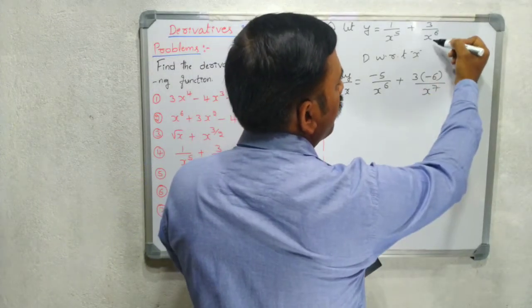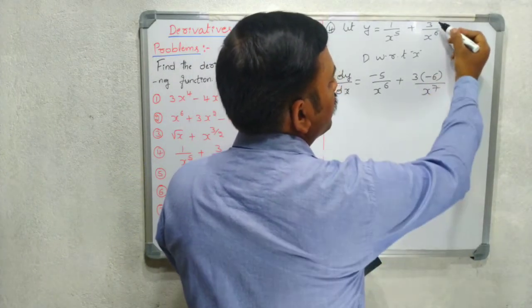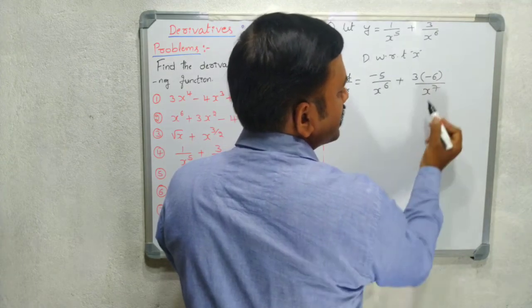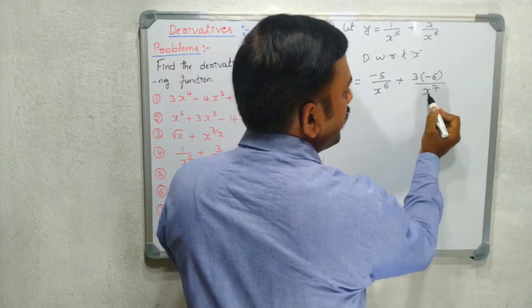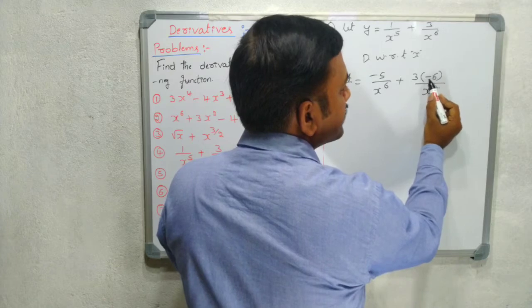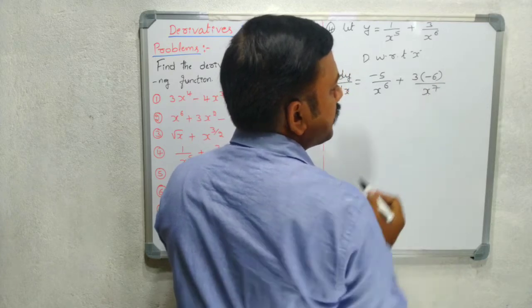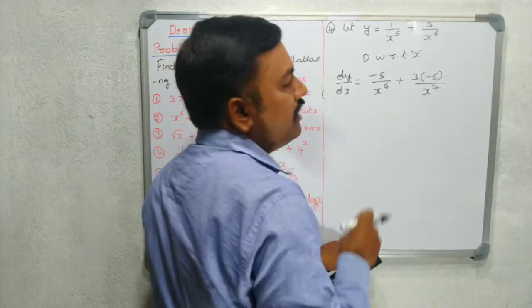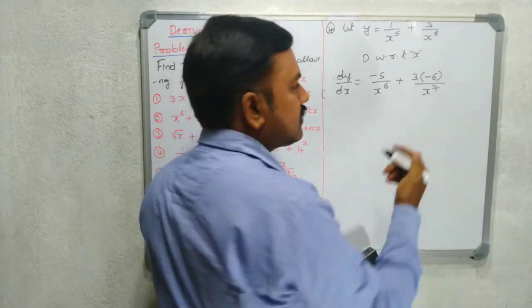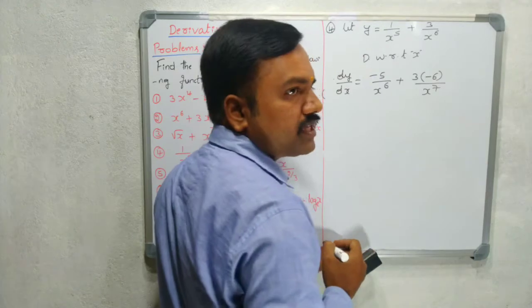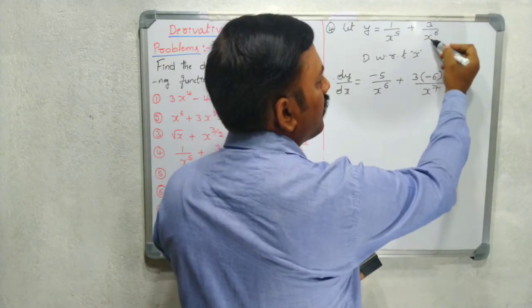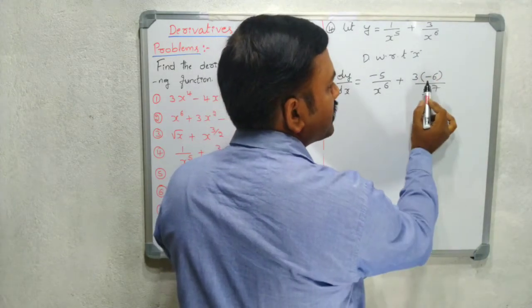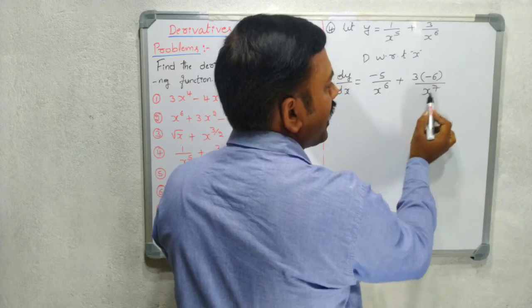I differentiate 1 divided by x power 6. The differentiation of 1 divided by x power 6 is minus 6 divided by x power 7. Minus n divided by x power n plus 1, it is in the form of like that. So I write 1 divided by x power n as minus n divided by x power n plus 1. That's why 1 divided by x power 6 differentiation is minus 6 divided by x power 7.